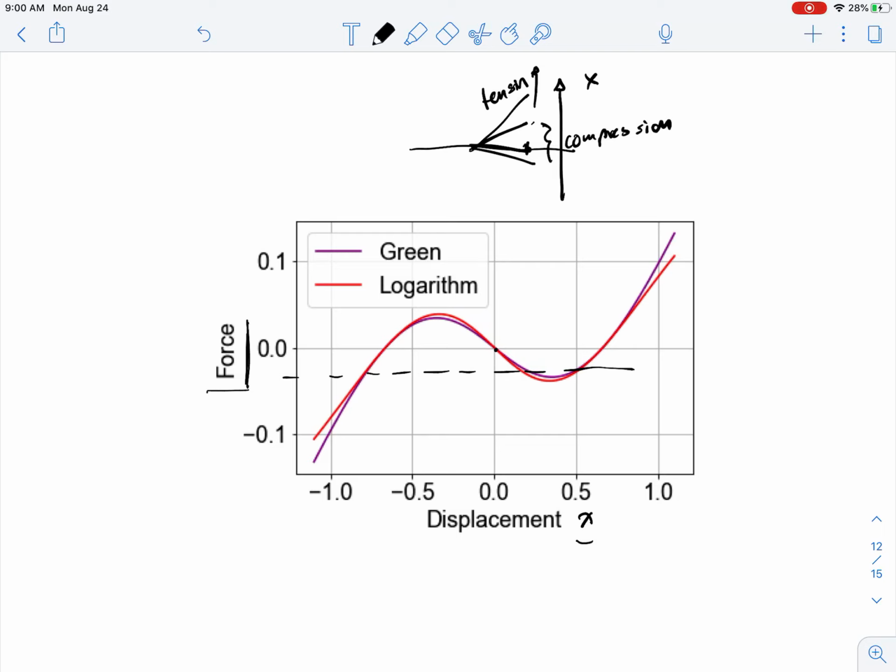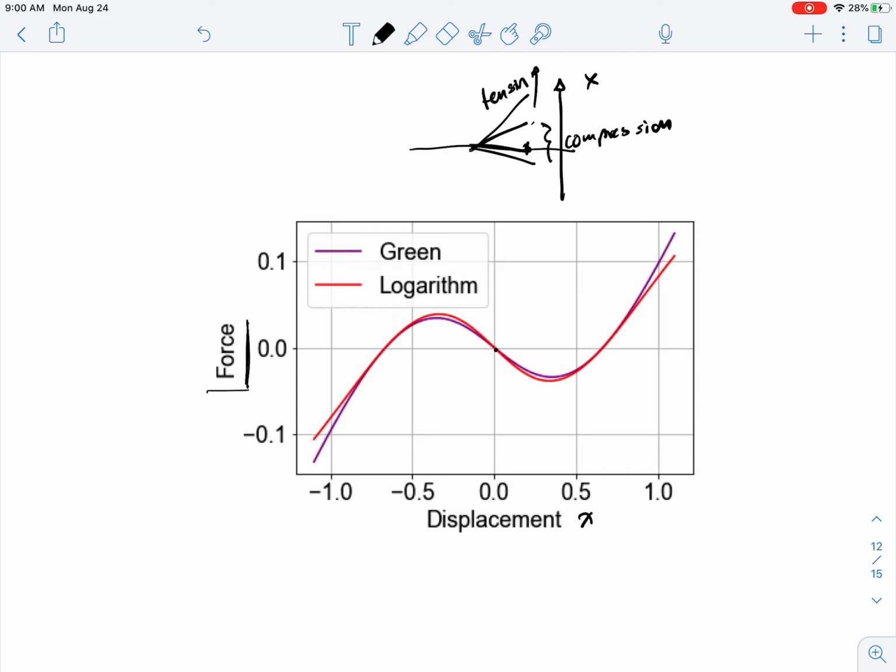That's going to be kind of tricky, and we'll talk about that in the future. There are some snap-through instabilities that happen here, where the force increases, then decreases, then increases again. So we'll talk more about that. That's just something to keep in mind.